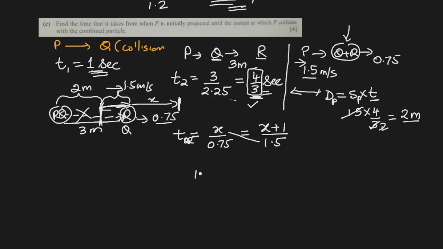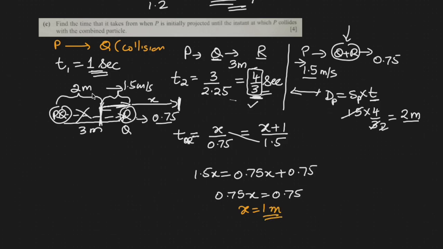So 1.5x equals 0.75x plus 0.75. So 1.5 minus 0.75, 0.75x equals 0.75. It means x equals 1 meter. It means P has to cover 1 meter plus 1 meter more, that makes it 2 meters, right?